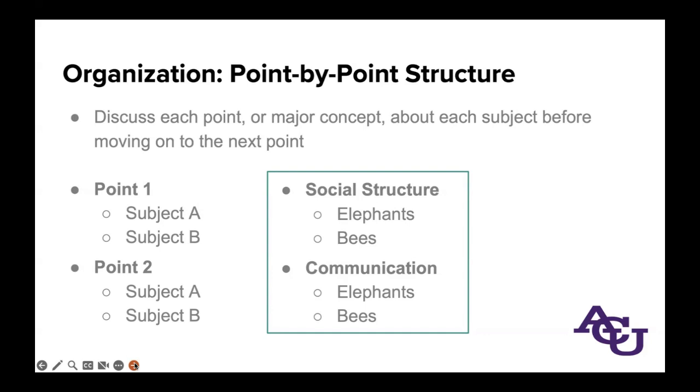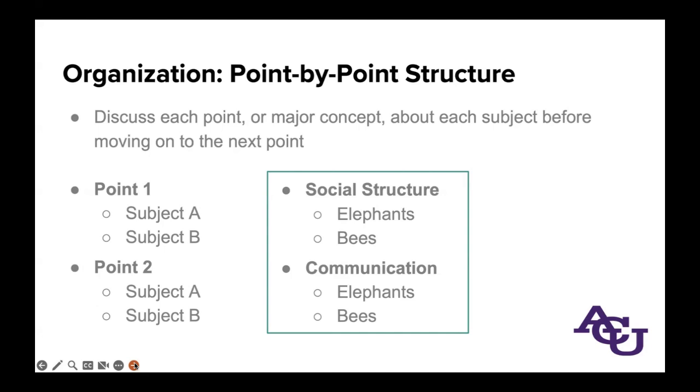So if we're looking at, let's see, slide 7 here, and you've got point 1, social structure, and you've got the first group being elephants. I could use 3 things about the social structure of elephants, and then I could use 3 things about the social structure of bees.